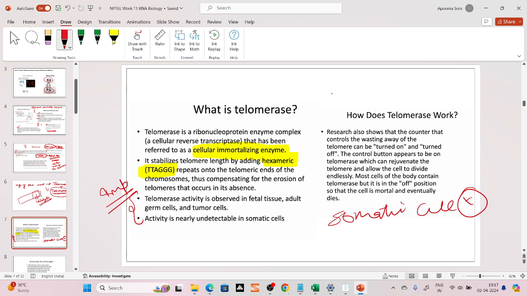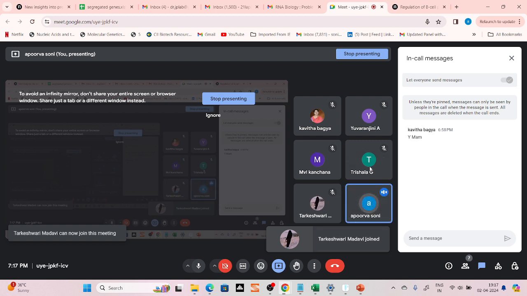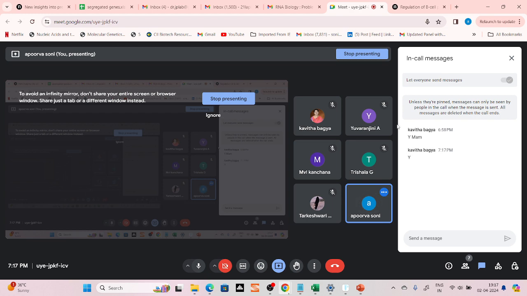But these cells are growing indefinitely because they have the enzyme telomerase. That means these cells have an enzyme that can replace the eroded telomeres from the chromosome. Is it clear what I'm trying to tell? Are you understanding? Are you following? Just say yes or no. Okay, fine.